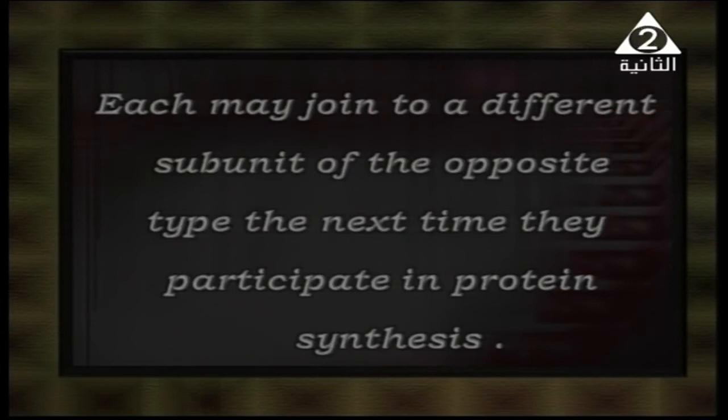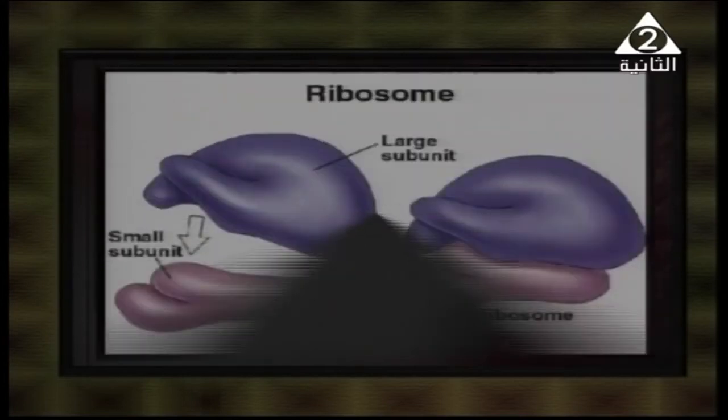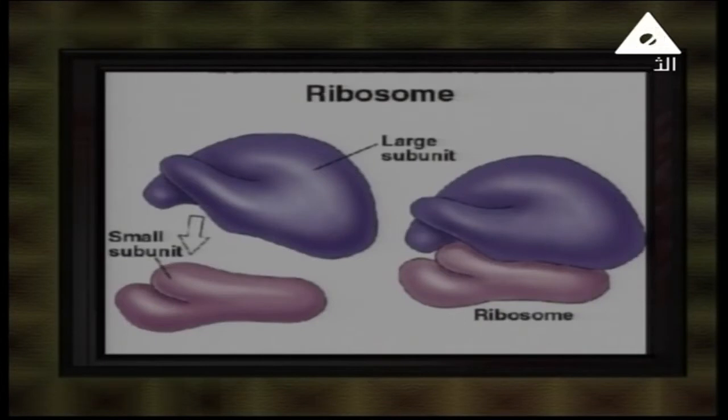Each may join a different subunit of the opposite type the next time they participate in protein synthesis. This structure illustrates the ribosome, which consists of a small subunit and a large subunit. The small subunit binds to the sequence of messenger RNA and helps in protein synthesis.